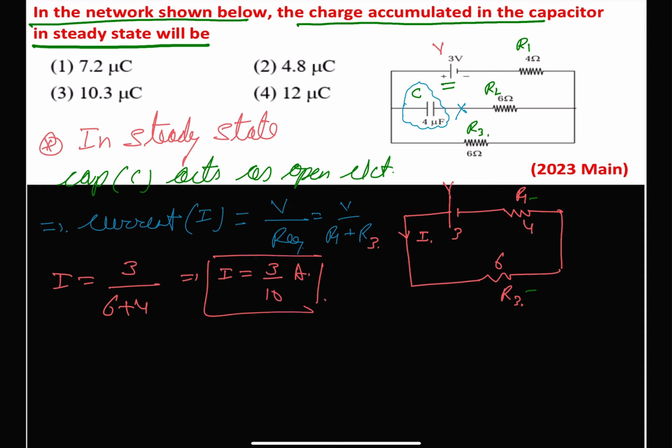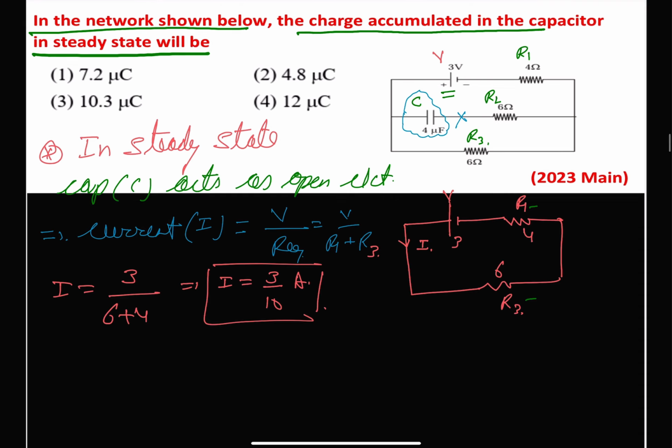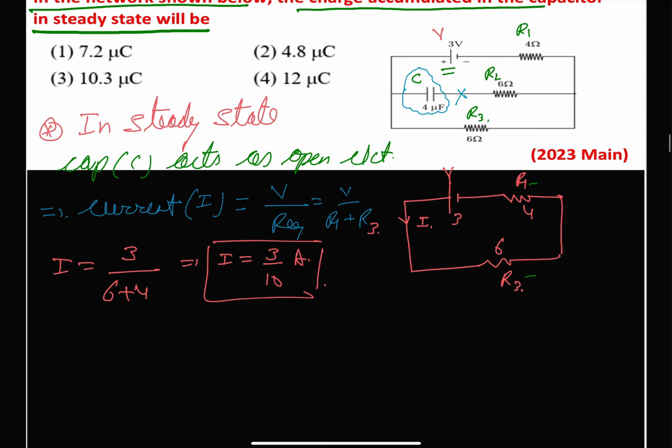Here the capacitor is open circuit, and we have a resistance, this is our R2.